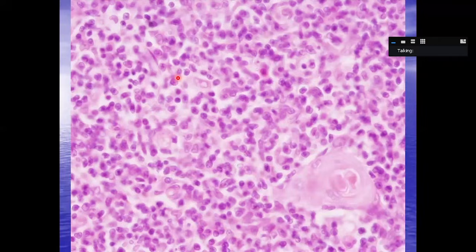Hassall's corpuscle: note the thymocytes, and note these are the red cells here, reticular cells, thymocytes and reticular cells. This is in the formation of a Hassall's corpuscle. Is this clear?